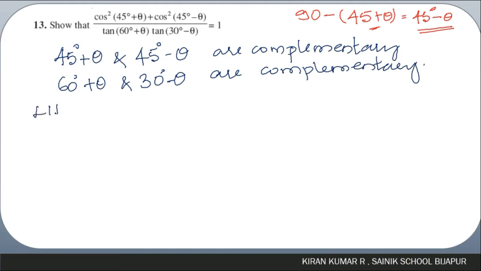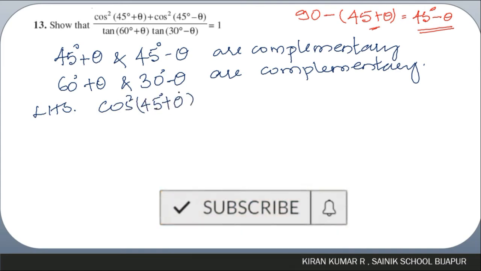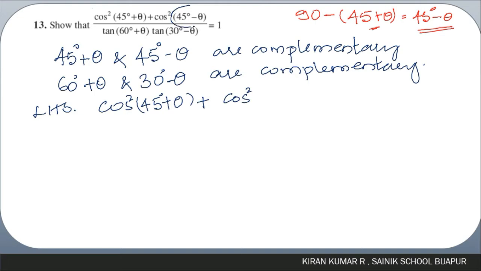So I'll consider the left hand side now. In the left hand side, we have cos square 45 degree plus theta added to cos square. Instead of 45 degree minus theta, I'd like to write it as 90 degree minus 45 degree plus theta.